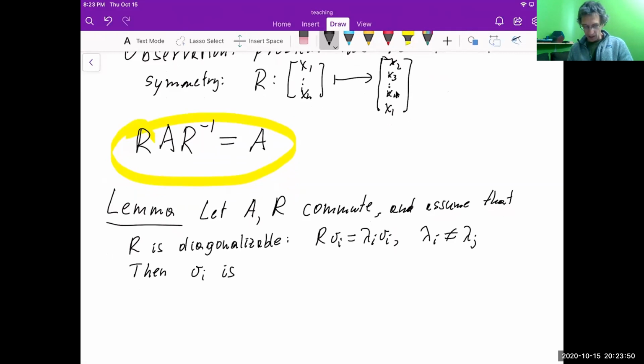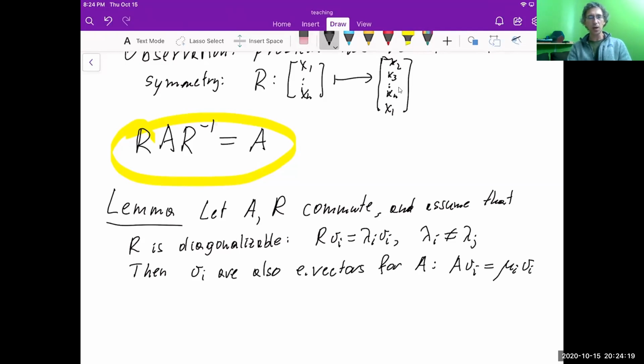Then the claim is that if you can diagonalize operator R with distinct eigenvalues, then any operator which commutes with it is also automatically diagonalized in the same basis.